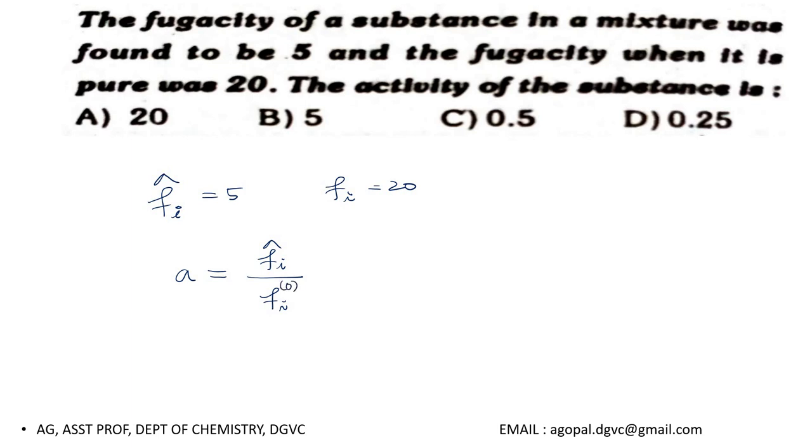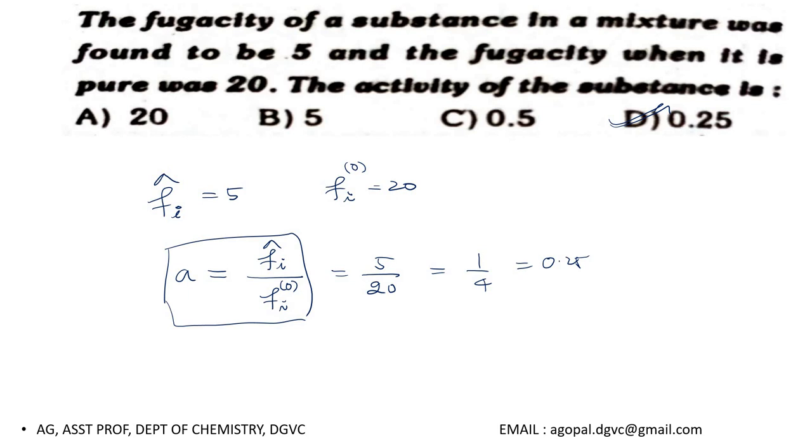Let us denote the pure substance as Fi naught. So this is 5 by 20, which is 0.25. So the correct option is option D. Just remember this formula: activity is the fugacity of a component in a mixture divided by the fugacity of the same component in its pure state.